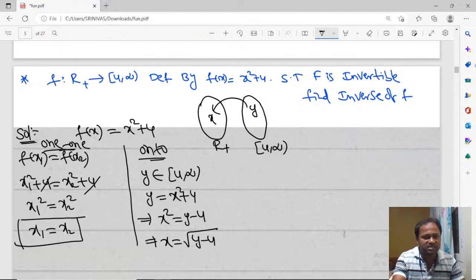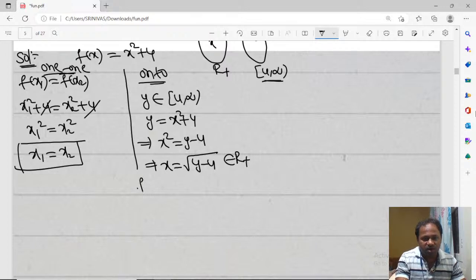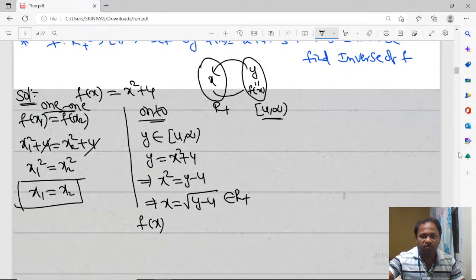I got x. Does it belong to R plus? Yes, because the elements are at least 4.